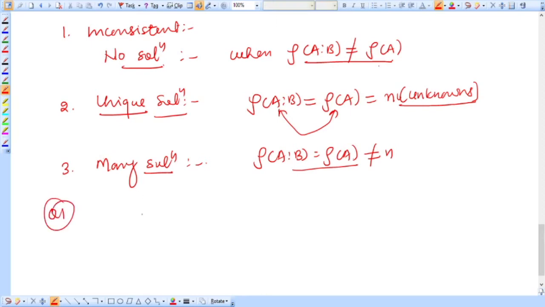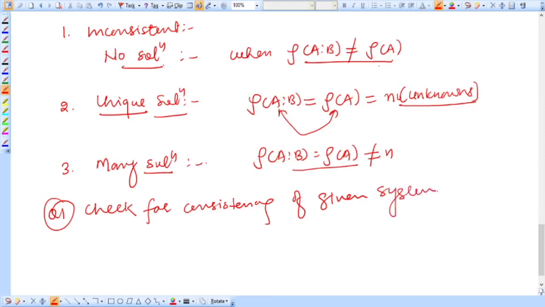Check for consistency of the given system of linear equations, and if consistent, find the solution.